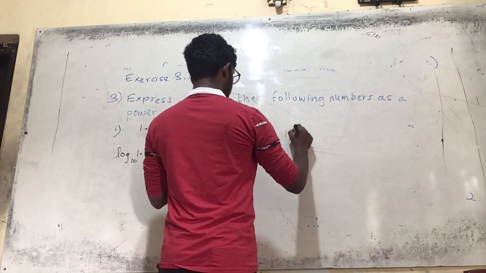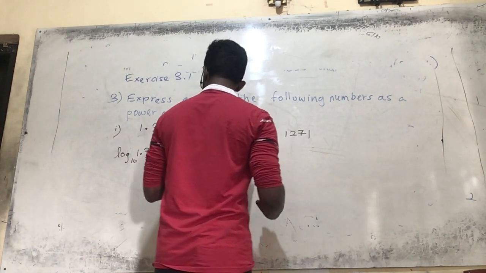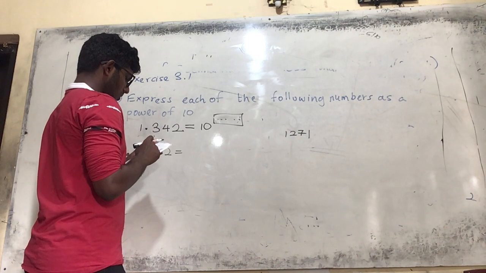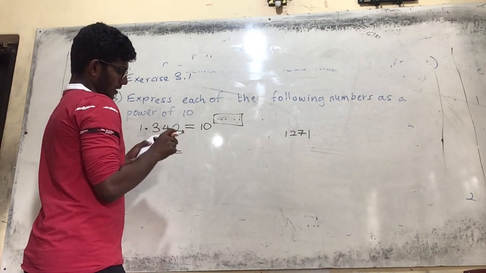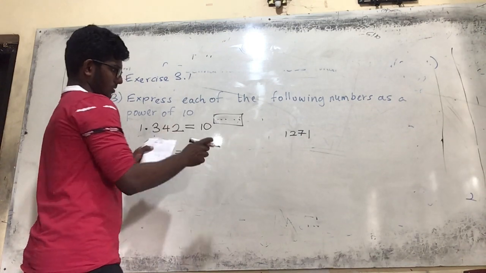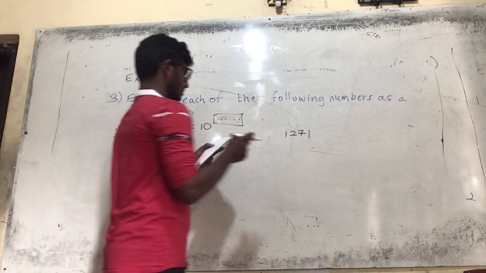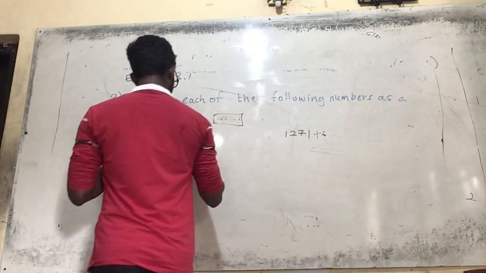So you will find 1271, and then in the same row you go to the second column of the mean difference. That will be 6.